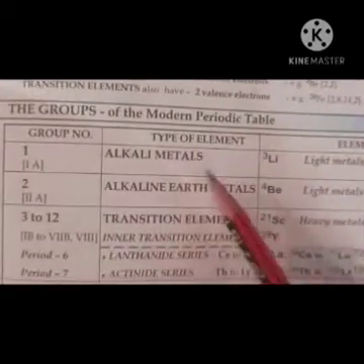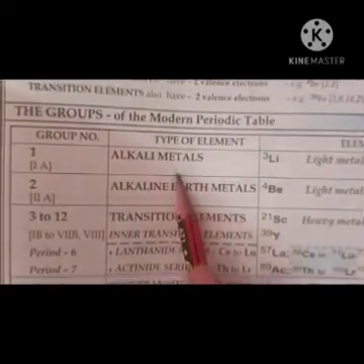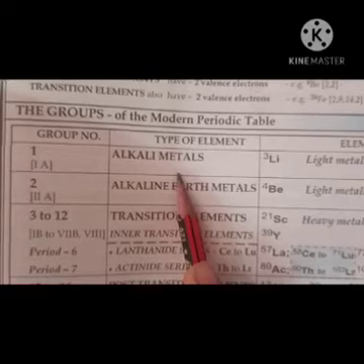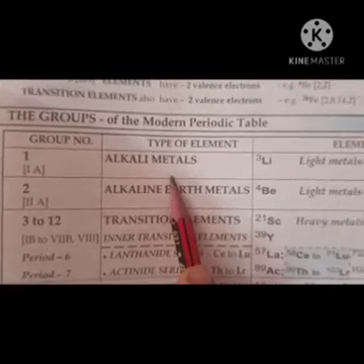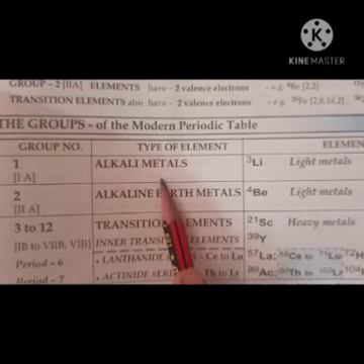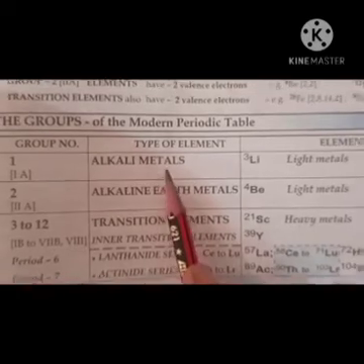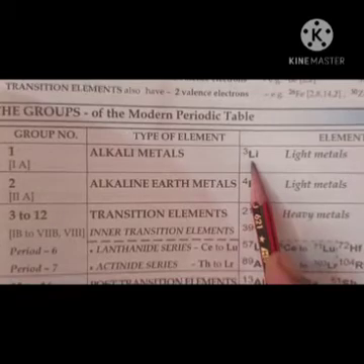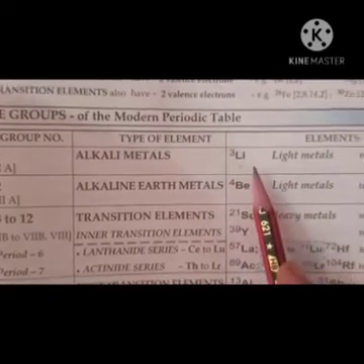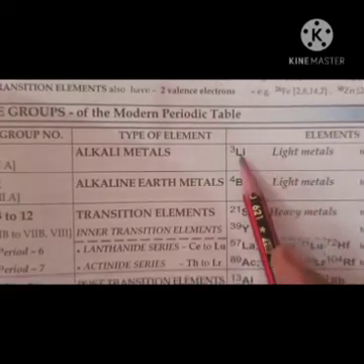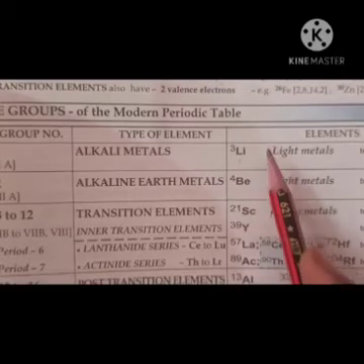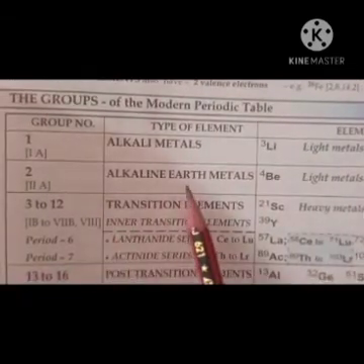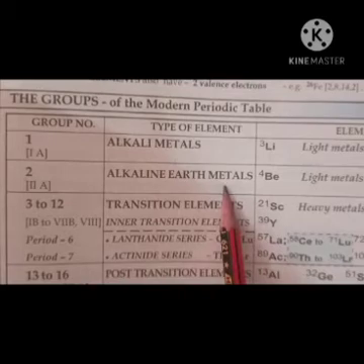Now come to groups. First group elements are called alkali metals, right? Why are they called alkali metals? Because they form strong alkalis when they react with water. And the first alkali metal is lithium, a light metal. Then sodium, then potassium. Now second group elements are called alkaline earth metals, right?